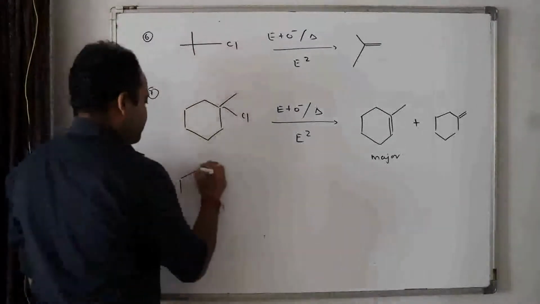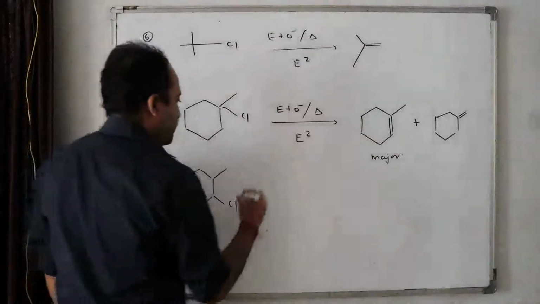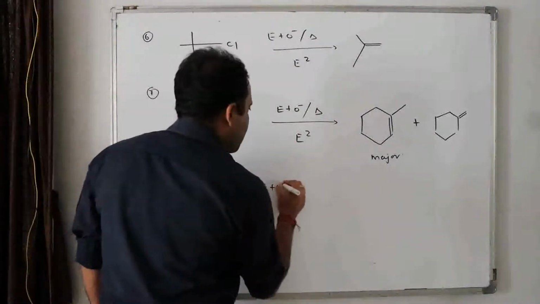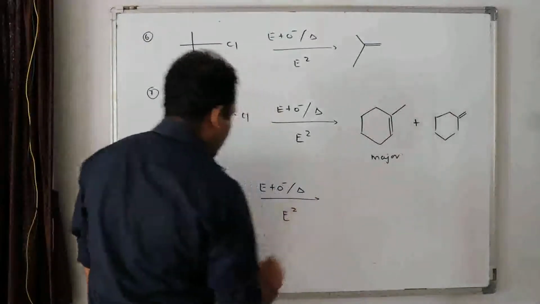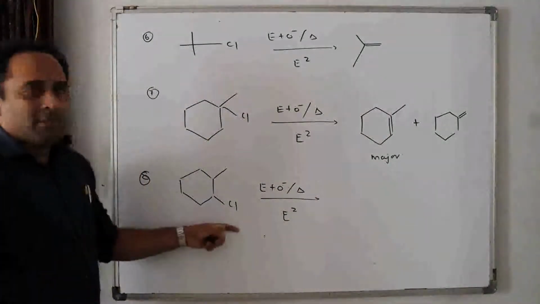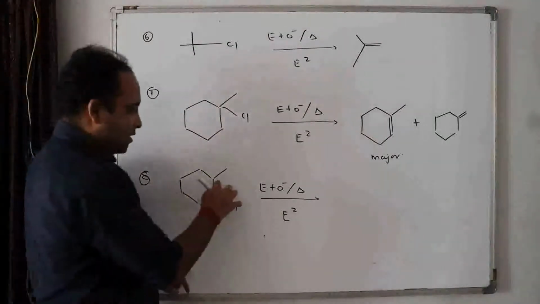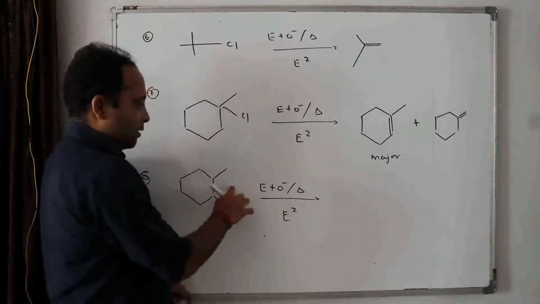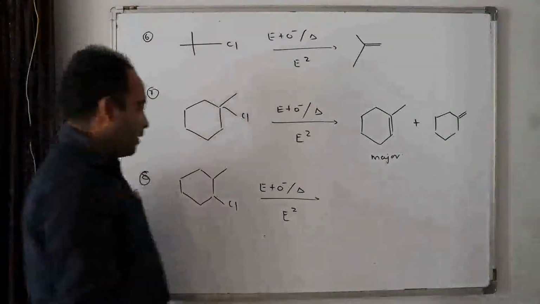Eight. Cl, EtO minus, heated, E2 reaction. What will happen? Here chlorine is removed. Then simultaneously here there is an H. Isn't it? Here also there is an H. So what can I do?